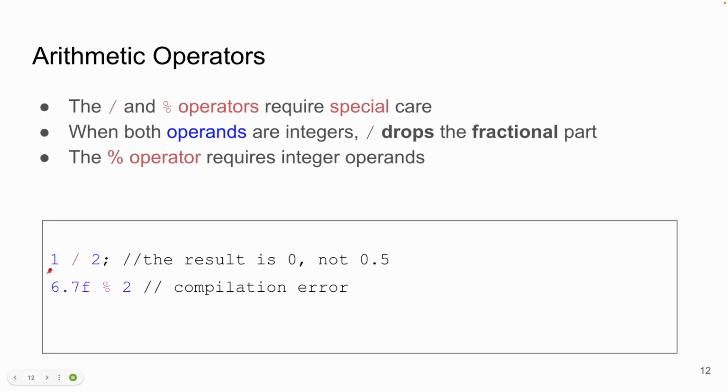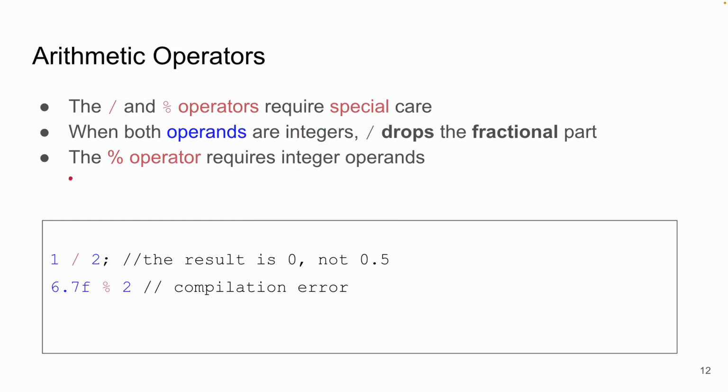That is why in the first line, if we divide 1 by 2, the result for C is not 0.5, although we know the result is 0.5. Because the two operands 1 and 2 here are integer values, when both operands are integers, the division operator will just drop the fractional part. So it will drop the .5 part, and the result will be 0 for the first line.